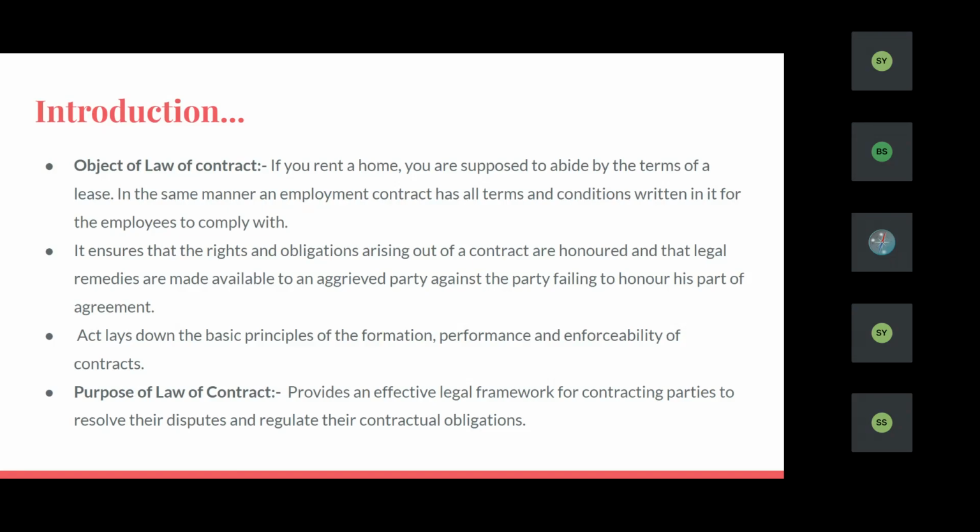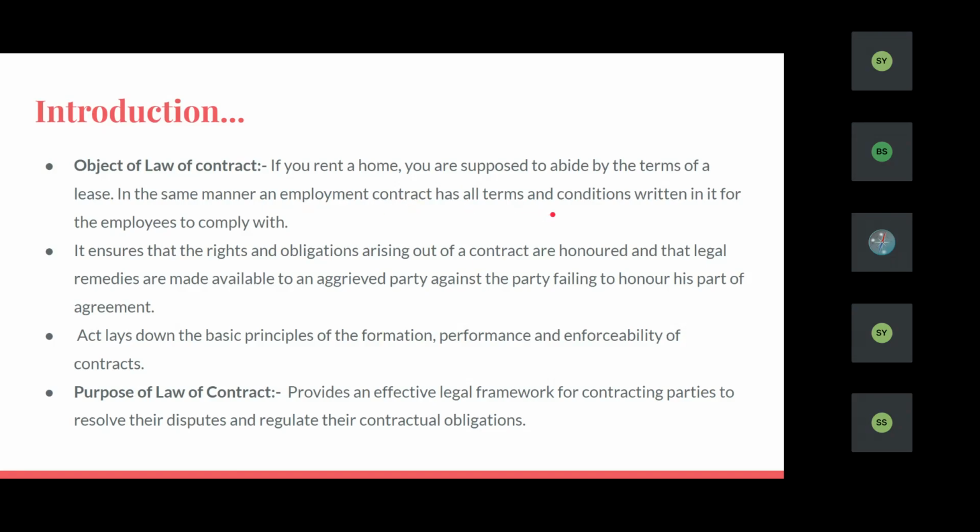Because of him some goods got damaged. So the employer will include a condition that in case this particular person has caused me any loss, he is liable to pay so and so amount to me. So all such clauses, terms and conditions are included in the employment contract.